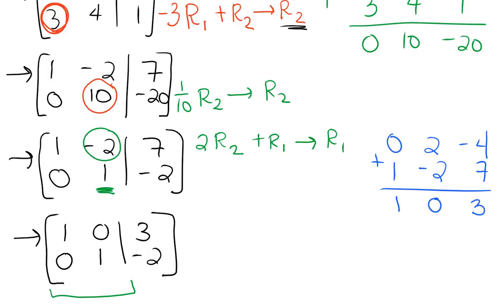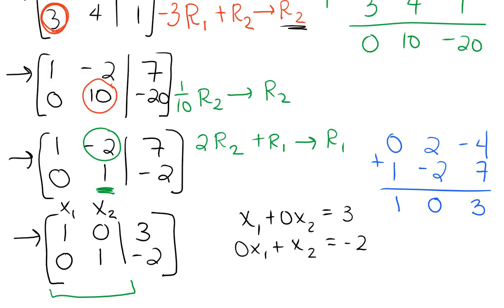So let's go ahead and call the first variable x sub 1 and the second variable x sub 2. So reading across the first row, we have that x sub 1 plus 0x2 equals 3. And the second row tells us 0x1 plus x2 equals -2.